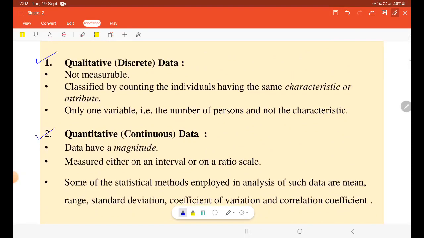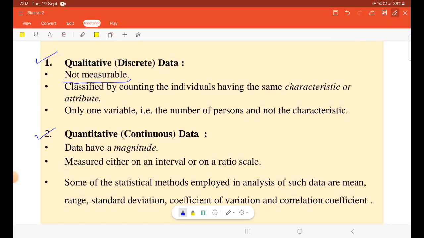So these are the two broad classifications of statistical data. Qualitative data, what are the features of qualitative data? It is not measurable. So you cannot directly measure a qualitative data into numbers or values.